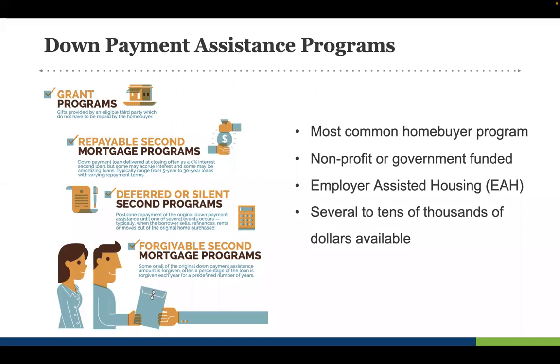So if you stayed in the home for 4 years, 80% of that DPA would be forgiven. If you stayed in the home for 5 years, it would be completely forgiven. That would be one scenario. Another would be you have to stay in the home for, let's say, 7 years. And at the end of the 7th year, the down payment assistance would be completely forgiven. Now, of course, every program that offers forgivability can vary, but those would be two examples of how that might work.